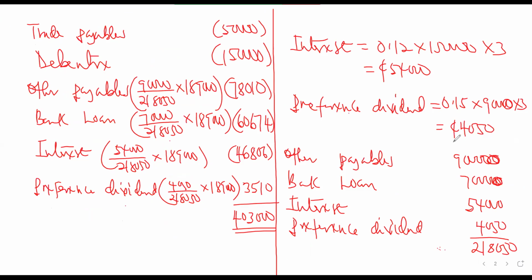The preference dividend is what? 4050. So those are the figures that have been wrongly credited to the receivables. Are we now going to subtract it? No, they have subtracted it. So we want to know the actual receivables. So we go and add and now bring these ones as owings now. This should be shown as owings.